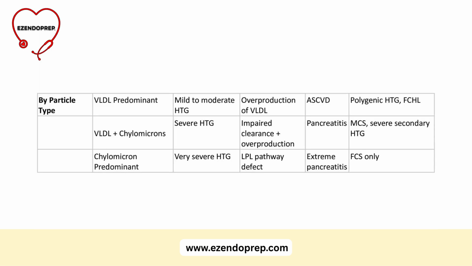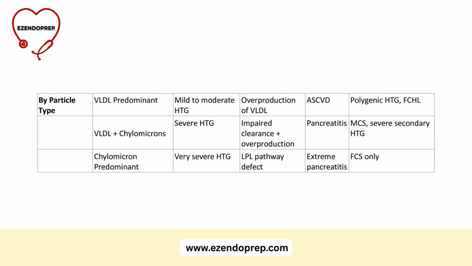Step 3, classification by particle type. Every case sorts itself into one of 3 particle profiles: VLDL, chylomicron, or both. VLDL predominant. This is mild to moderate hypertriglyceridemia, and this is typical of polygenic hypertriglyceridemia, familial hypertriglyceridemia, and familial combined hyperlipidemia.